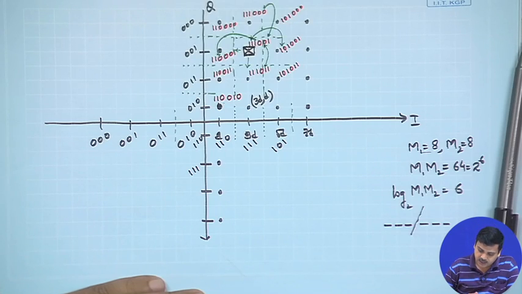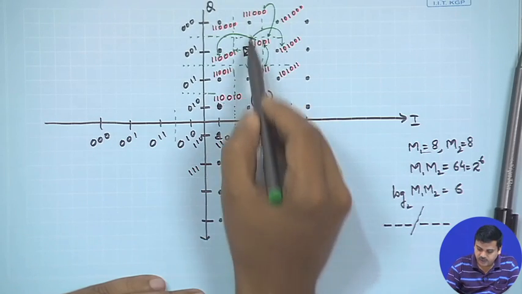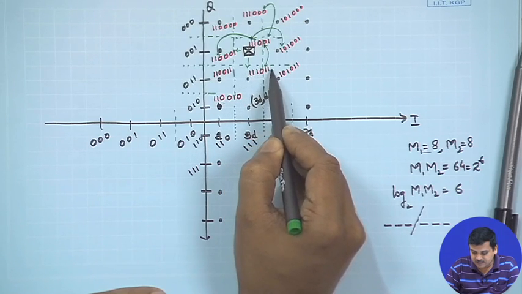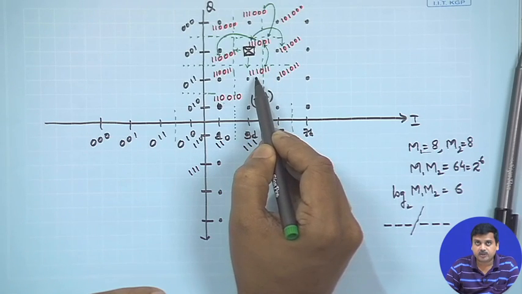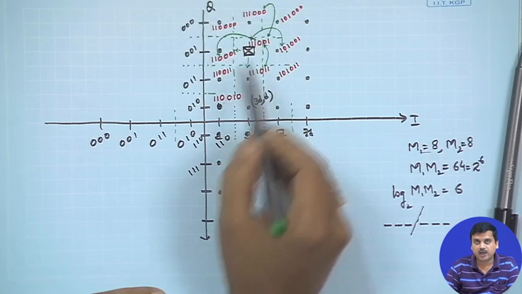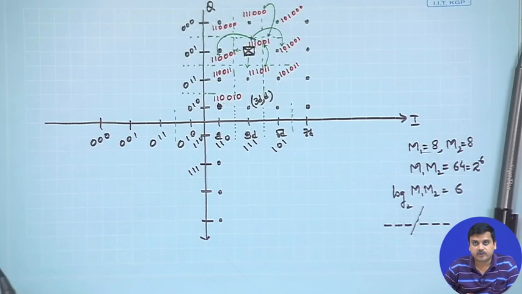So, that means if it moves to any of the neighboring symbols, although there are 6 bits involved compared to any other situation, you are still making at most 1 bit error by virtue of gray coding, and we could achieve this simply by extending our understanding of gray coding, whatever we have done before, from PAM to the QAM.